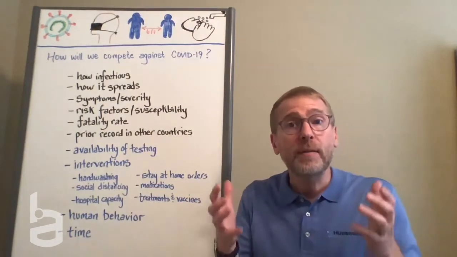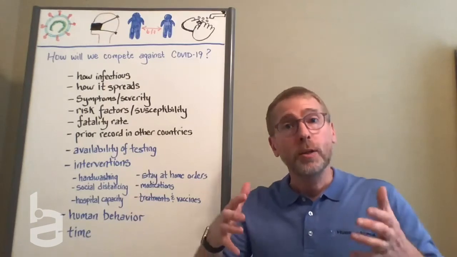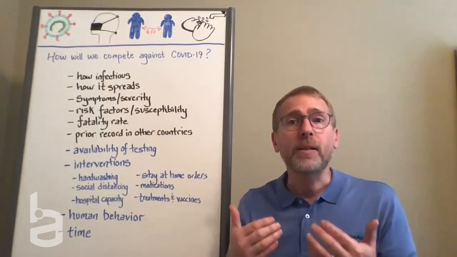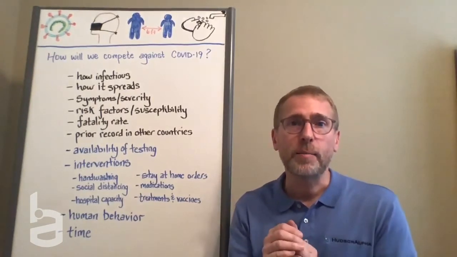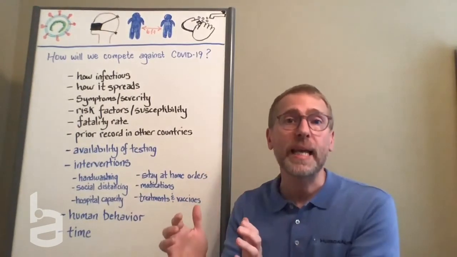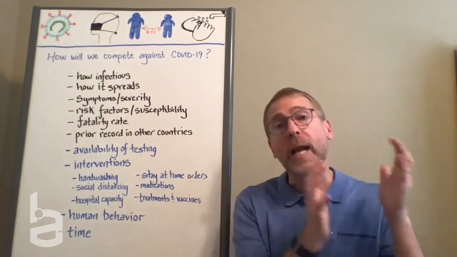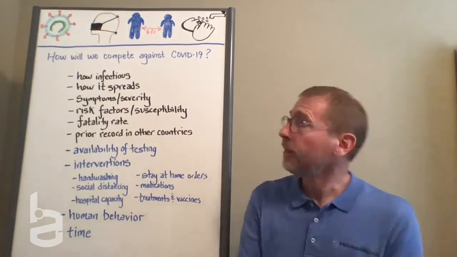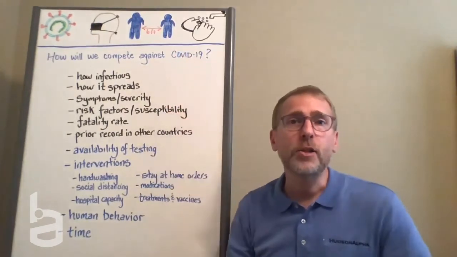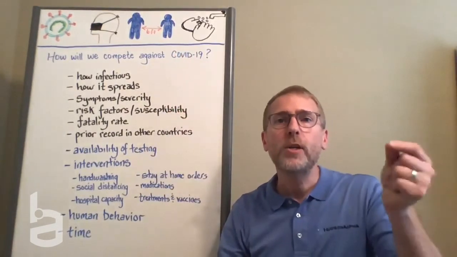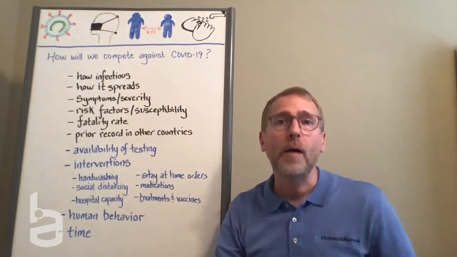And there are bits of data that we can use to build these models that give us an idea of how severe the disease is likely to be. What happens if people don't take any specific actions? What happens if they do take actions? These things on the board behind me, this is data that we can feed into a model that tells us what do we know at this point in time about how the virus behaves.